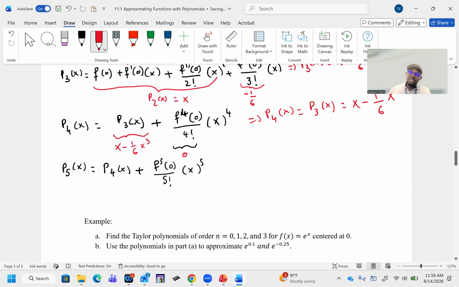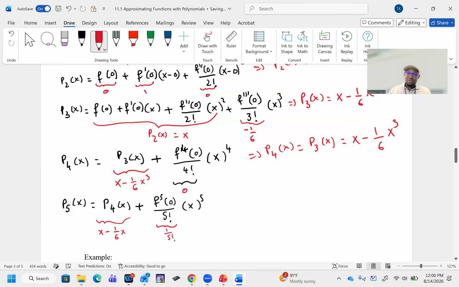So this is 1 divided by 5 factorial times x to the power of 5. And we already have p sub 4, which is x minus 1 over 6 x to the power of 3.